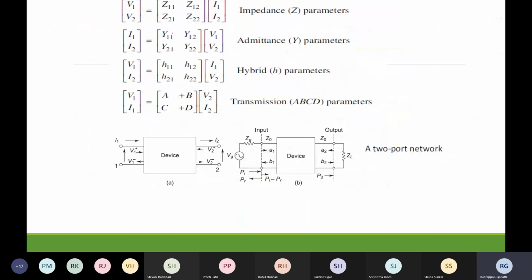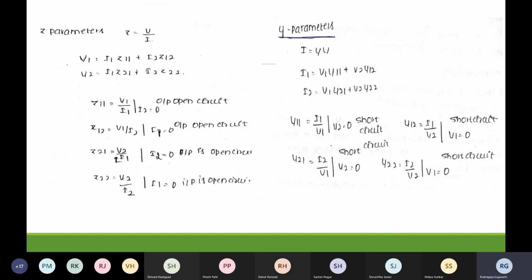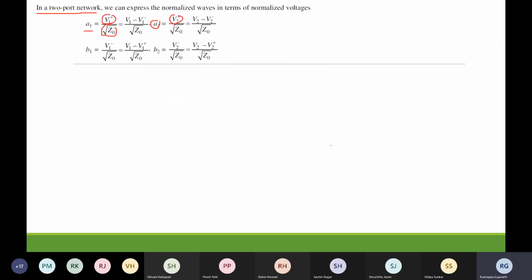Why this is coming is, when we provide input at this point, it gets divided into incident and reflected. Similarly, at the output, you have the incident and the reflected parameters. If it is at port 1, it will be V1, and if it is at port 2, it is V2.